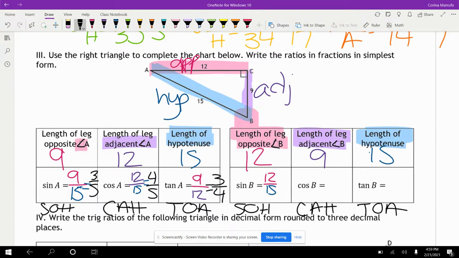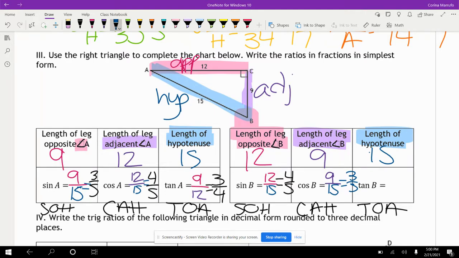Now 12 over 15, if we simplify, gives us 4 over 5. Now cosine is our adjacent, which is 9, divided by our hypotenuse, which is 15. So 9 over 15 reduces to 3 over 5.